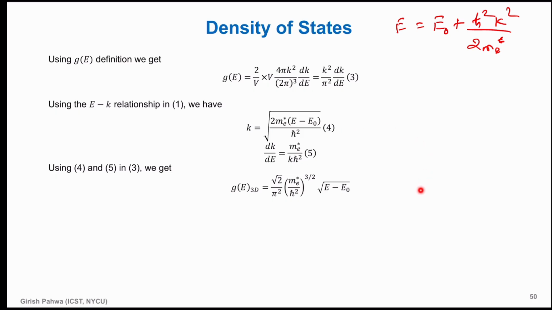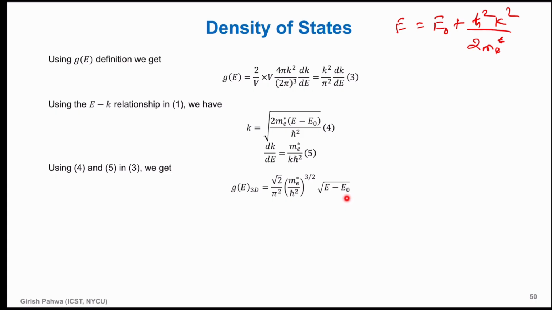So G we see in 3D, when it's a 3D semiconductor I'm talking about, is some coefficient, some constant times under root of E minus E naught. So it has a square root dependency on the energy. It means if I go higher in energy, my density of states increases.